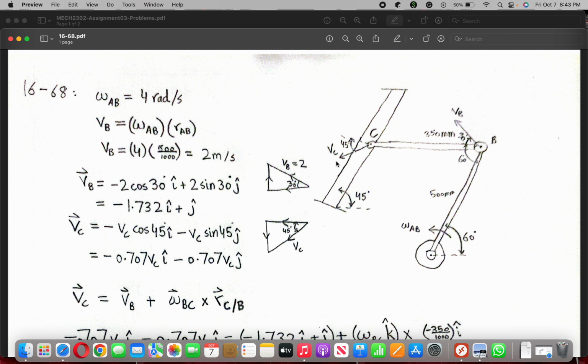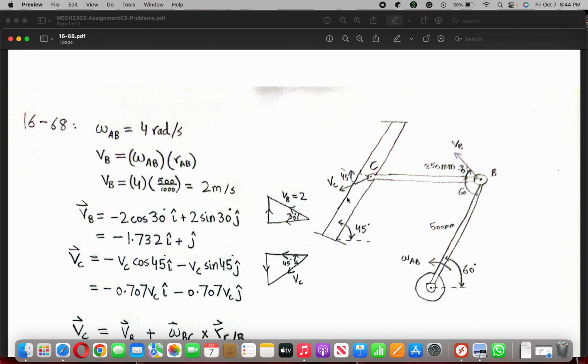Velocity C is perpendicular to the link over here, and it has an angle of 45 degrees with the horizontal, and we get the same angle because of the alternate angle property from here.